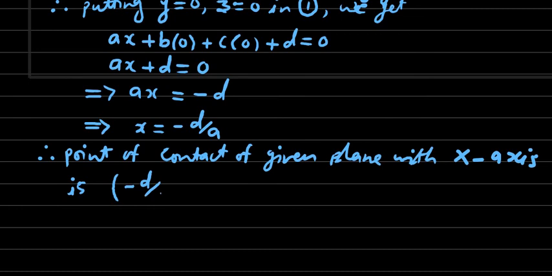The y and z coordinates are obviously 0 as that point is on the x-axis. So in this way we have obtained the point of contact of the given plane with the x-axis.